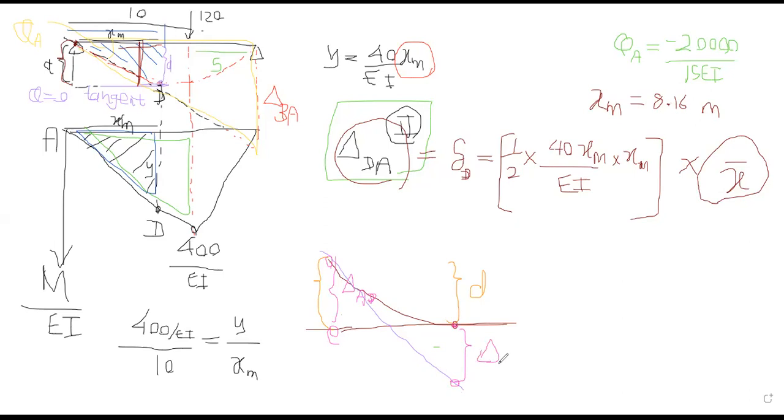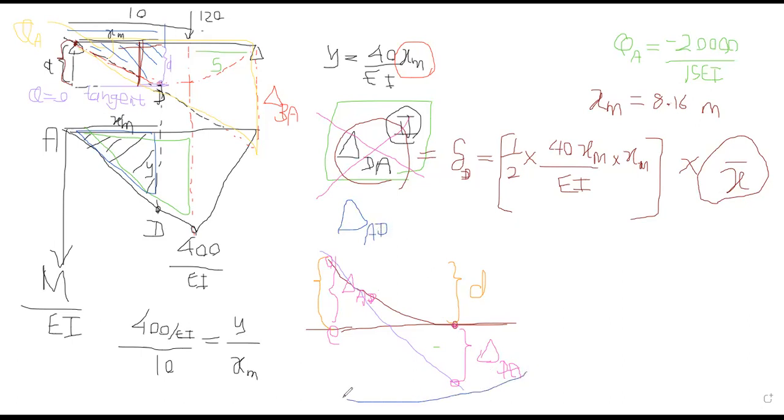It's delta dA. So here we extended the tangent at D, so it's with respect to D. Here we extended the tangent at A, it's with respect to A. So what is actually D? This is not right. So the actual thing is delta AD, right?